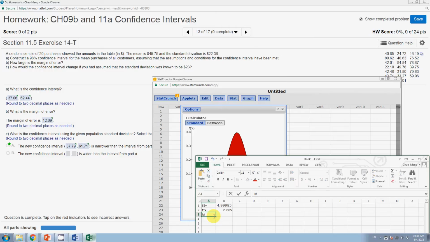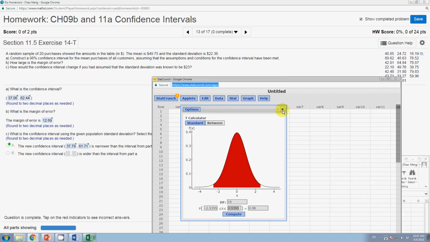So we know the margin of error is equal to the critical value times the standard error. Let's put the critical value first, times the standard error. Then we have the margin of error. That's the margin of error.